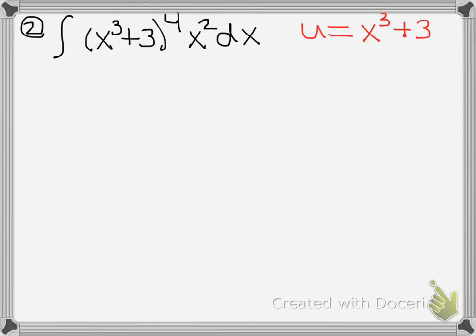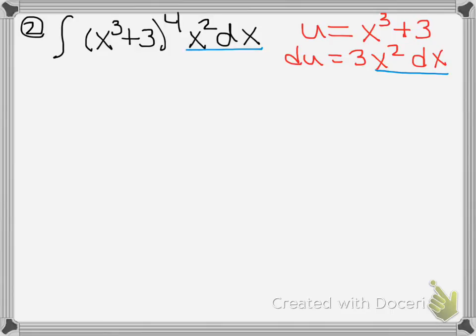So in this case, u is going to be x to the third plus 3, because that's going to give me du to be 3x squared dx. Now you might notice, okay, I have the x squared dx right here.